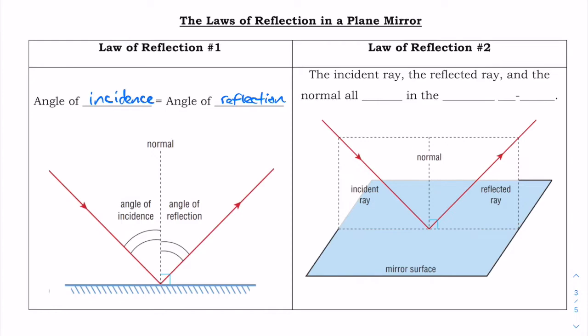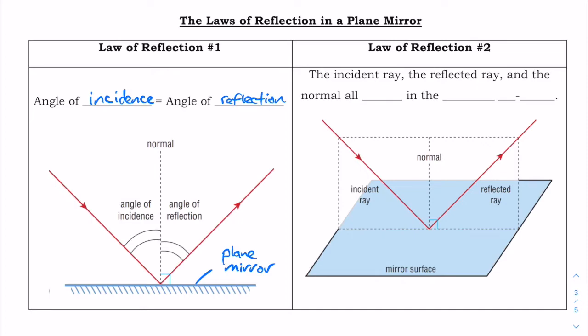Okay, so for a perfectly flat mirror, like so, all light should reflect off with the same angle that it came in at.